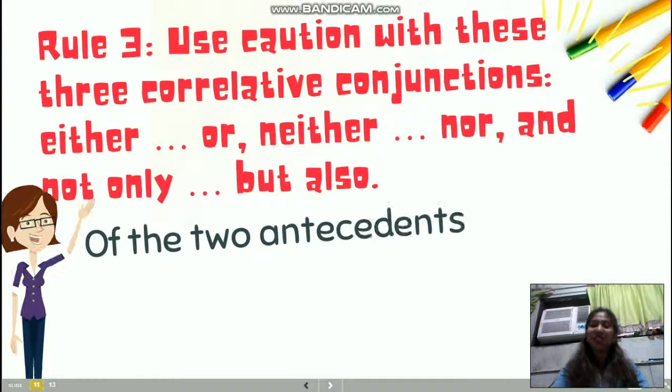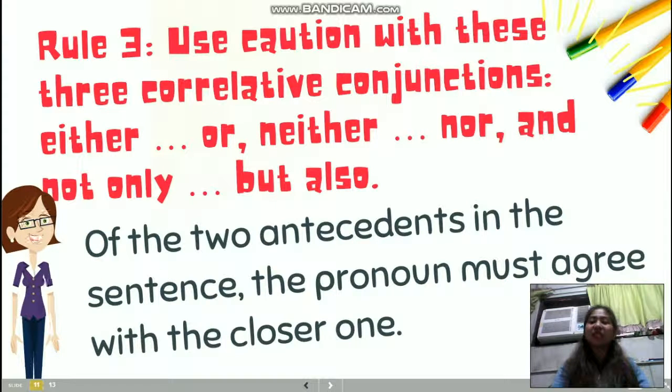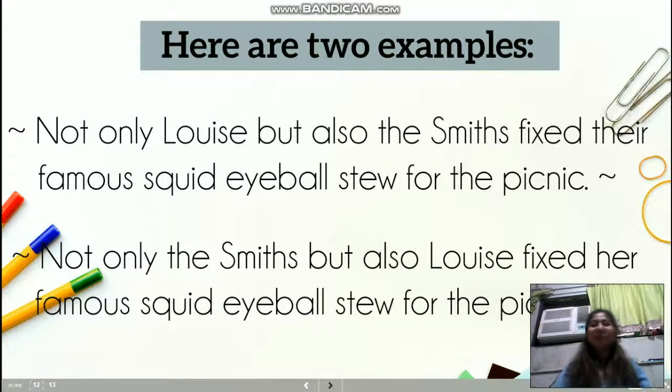Rule number 3. Use caution with these three correlative conjunctions: either or, neither nor, and not only but also. Of the two antecedents in the sentence, the pronoun must agree with the closer one. Here are two examples.